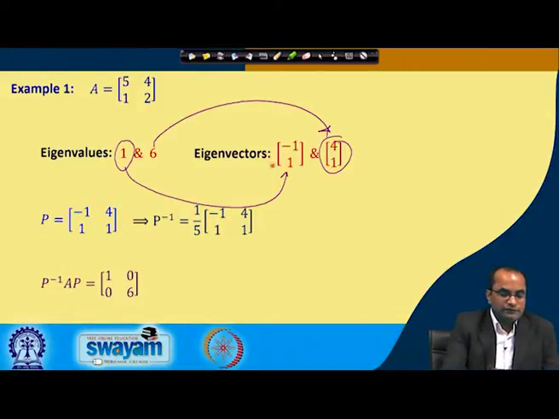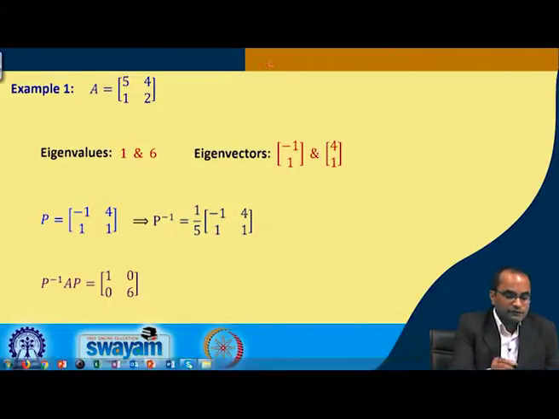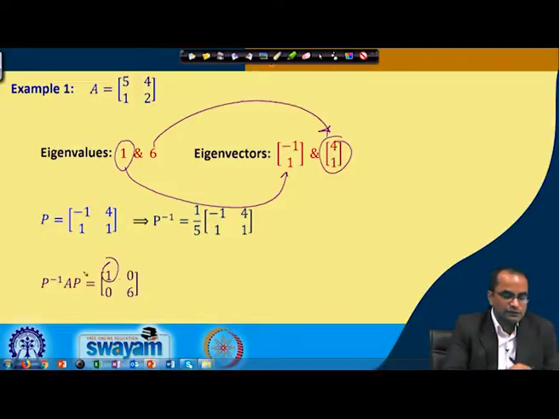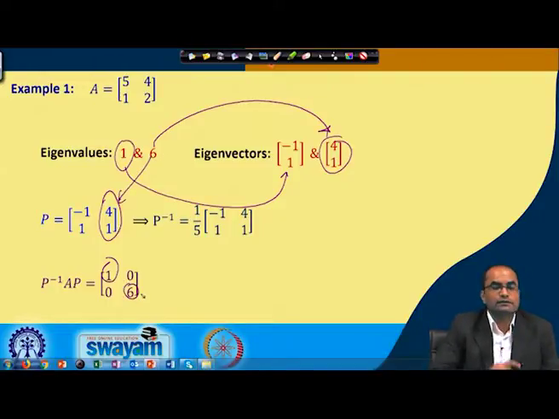This is exactly the point here. We have kept in our model matrix the vector minus 1, 1 as the first column, and that was corresponding to the eigenvalue 1, and that is the reason this first eigenvalue is coming. In the second case, we have kept the second column, which was corresponding to 6, and therefore the second element in the diagonal is 6.